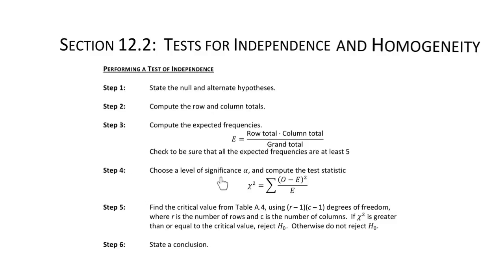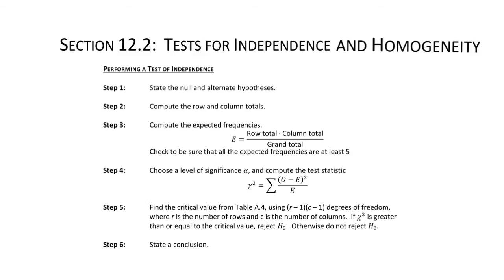Choose the significance level alpha, then compute the test statistic and find the critical value from table A4 using R minus 1, C minus 1 as the degrees of freedom. R is the number of rows and C is the number of columns. And if chi-square is greater than or equal to the critical value, reject the null hypothesis. Otherwise, we do not reject the null hypothesis.